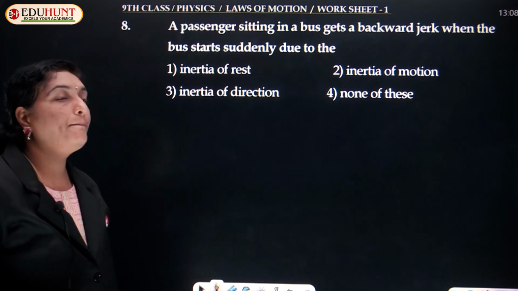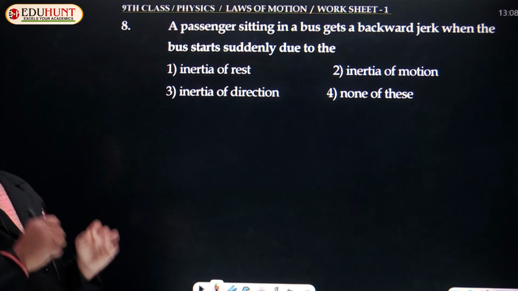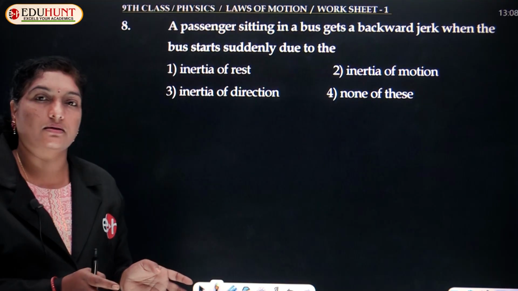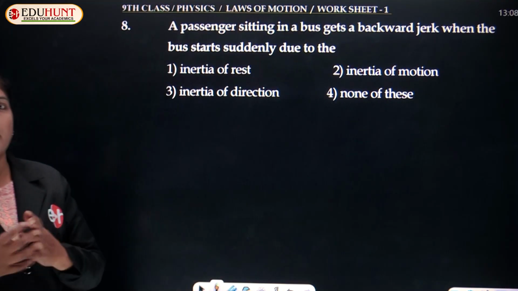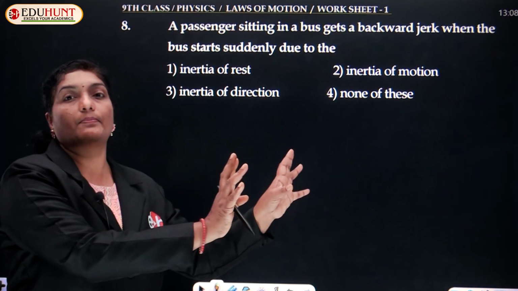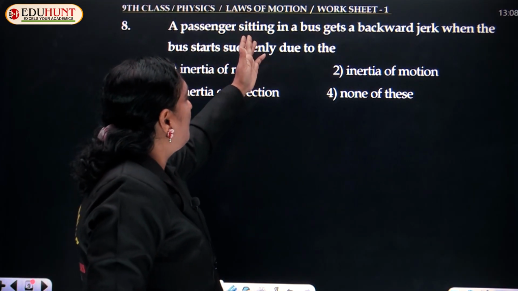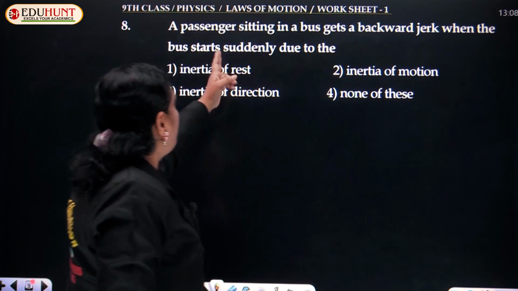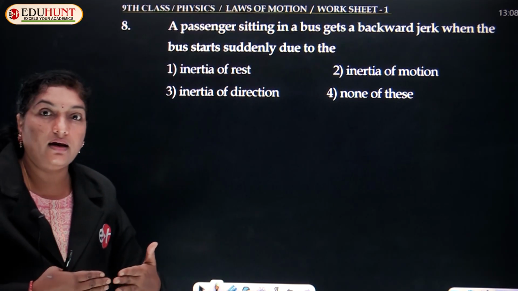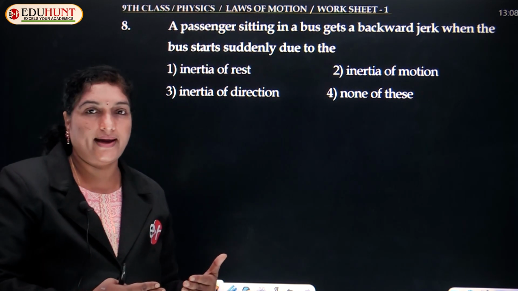The 8th one. A passenger sitting in a bus gets a backward jerk. When does a person get a backward jerk? Whenever the bus starts suddenly. Earlier the bus was at rest, so the passenger was also at rest.